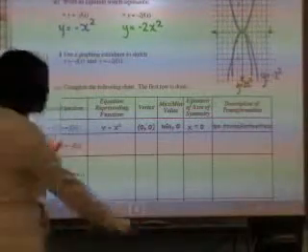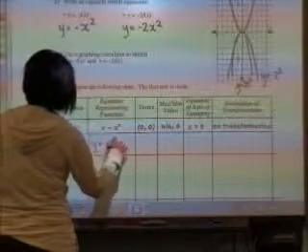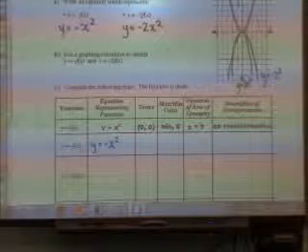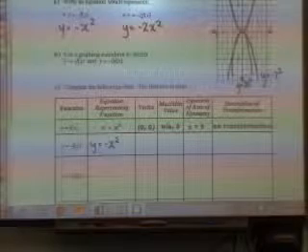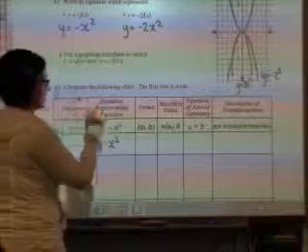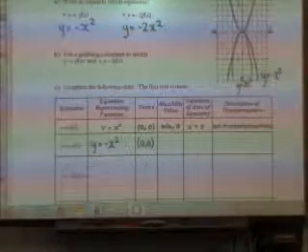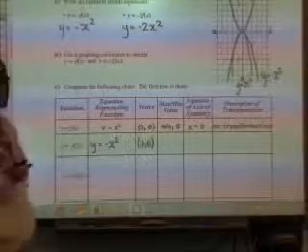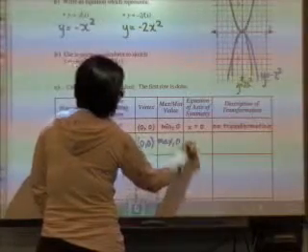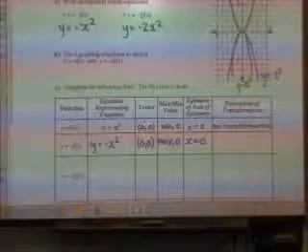So if I look at my first graph, the one that I did in blue, that was my y equals -x squared. Where's the vertex of that graph? Zero and 0. Do I have a minimum value or a maximum value? Maximum. Now I have maximums. So max of 0, axis of symmetry would be x equals 0.